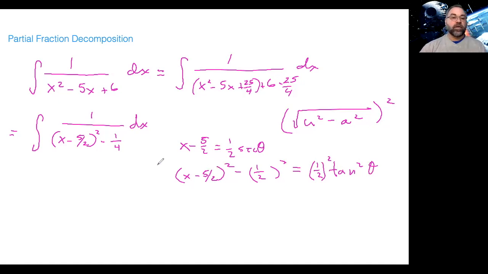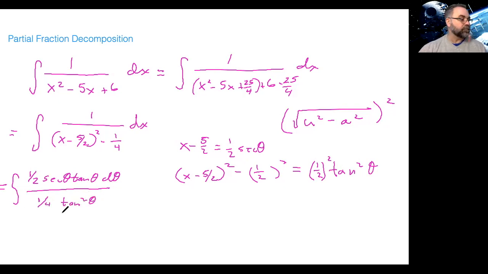Let's go ahead and make that substitution. Sorry about that, it's supposed to be an integration symbol, didn't turn out very good. You can see for dx, I'm going to get 1/2 secant theta tan theta d theta. And in the denominator, we're going to get 1/4 tan squared theta. And 1/2 over 1/4, that's going to give us a 2 out front.